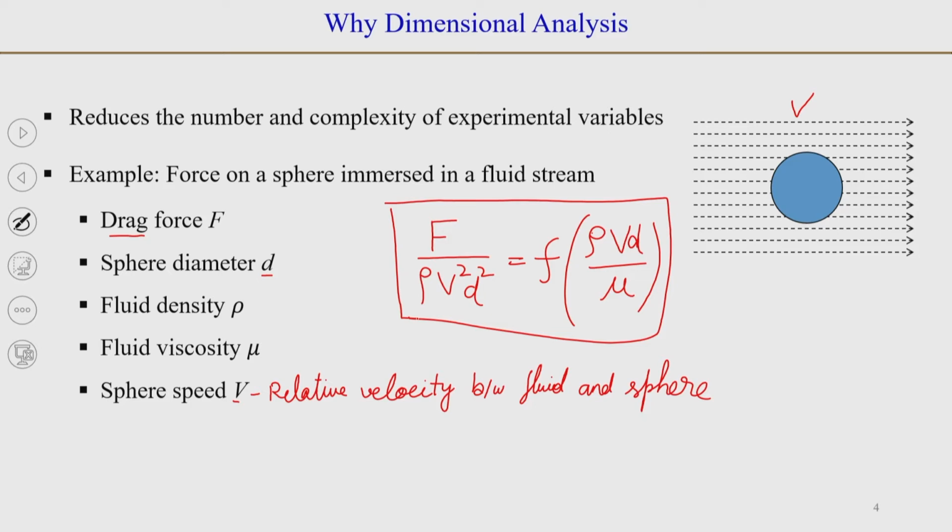You might recognize that rho V d over mu is the Reynolds number, and F over rho V square d square is the drag coefficient, what is called C d.